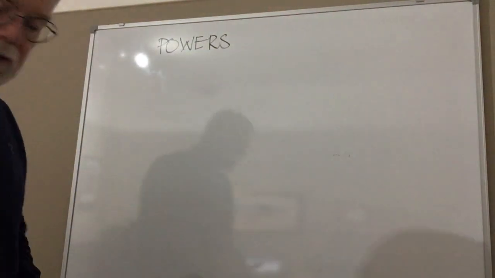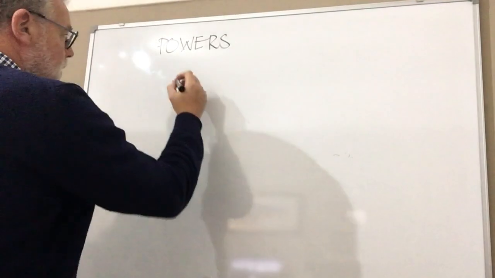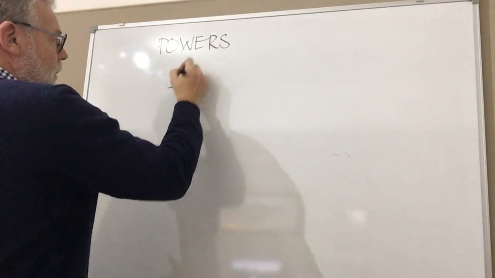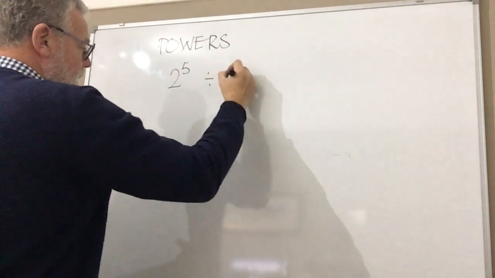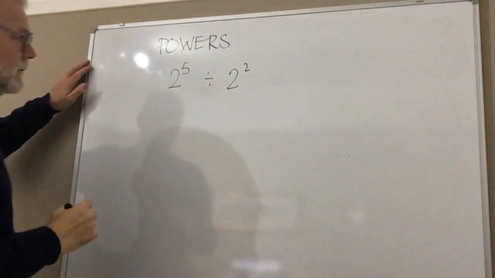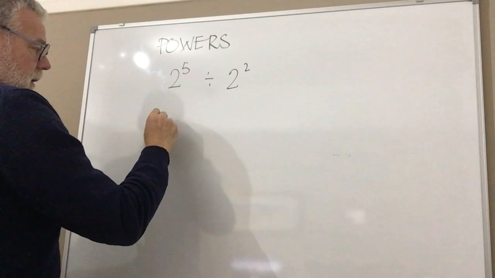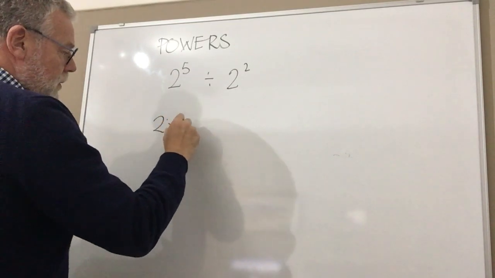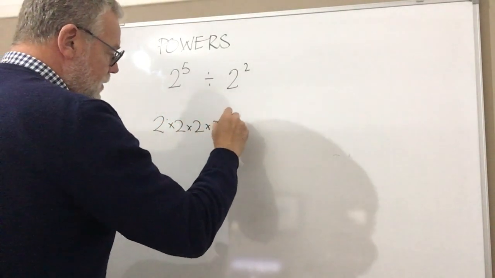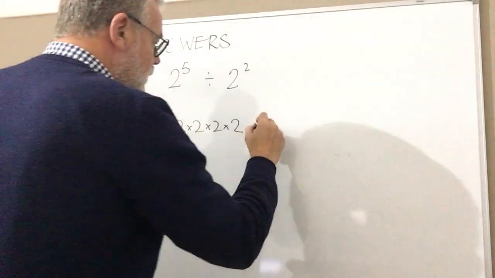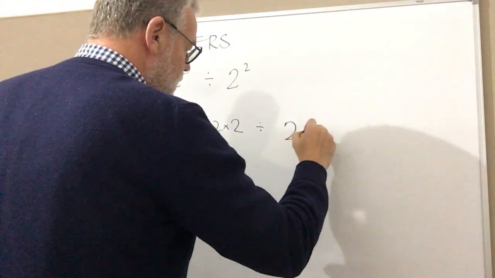Let's do 2 to the power of 5 divided by 2 squared. Okay, let's see what happens now. So we've got 2 times 2 times 2 times 2 times 2. That's our 2 to the power of 5, and we're dividing by 2 times 2.